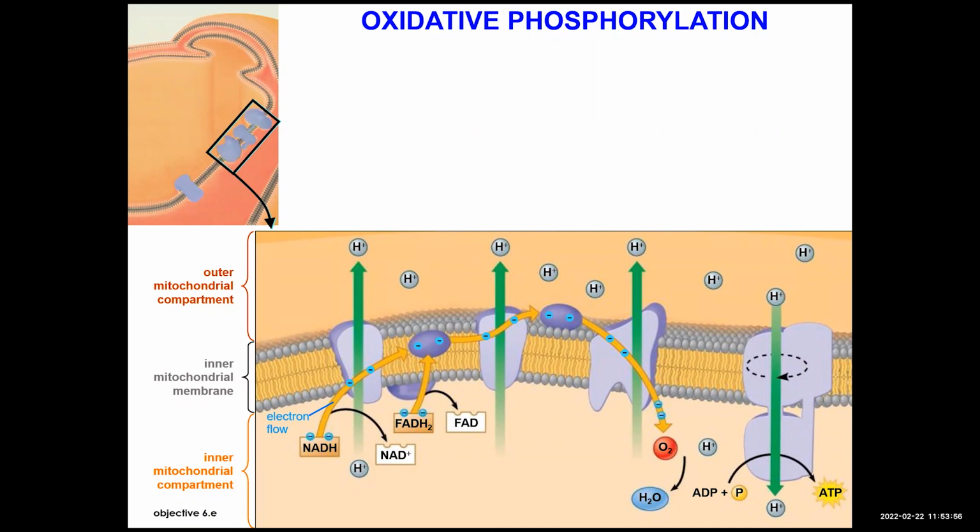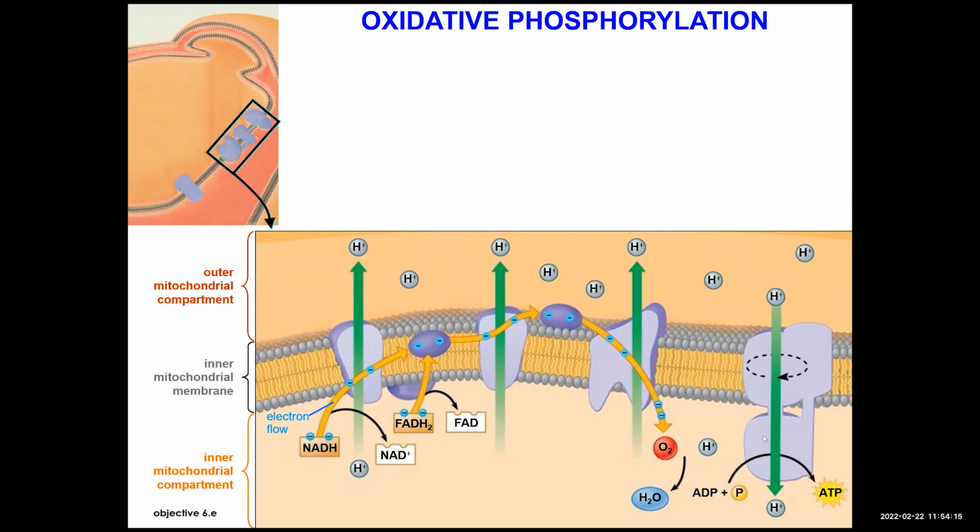That's correct. So small molecules can move through the membrane, and hydrogen is a small molecule, but this is a hydrogen ion. It has a charge. Only uncharged molecules can move through the membrane. So the hydrogens are stuck outside.